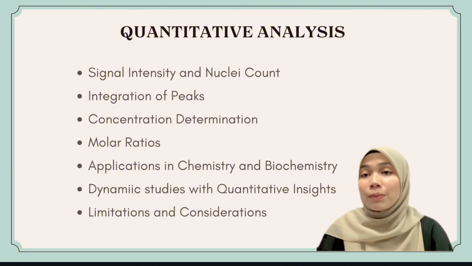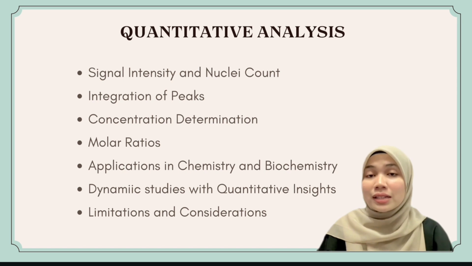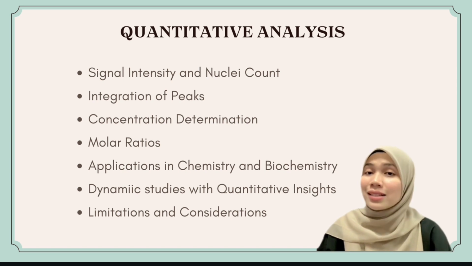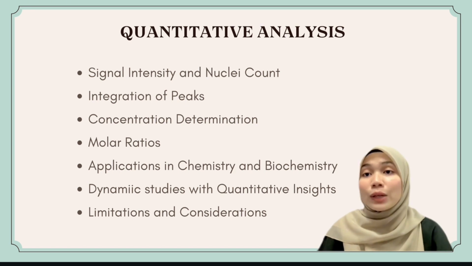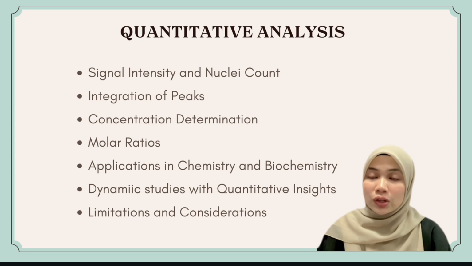Integration of NMR peaks, measuring signal areas, enables researchers to assess the relative abundance of components, providing semi-quantitative or quantitative results. Comparing integrated signals facilitates determining the relative concentration of molecular species, with calibration adding conversion to absolute concentrations.